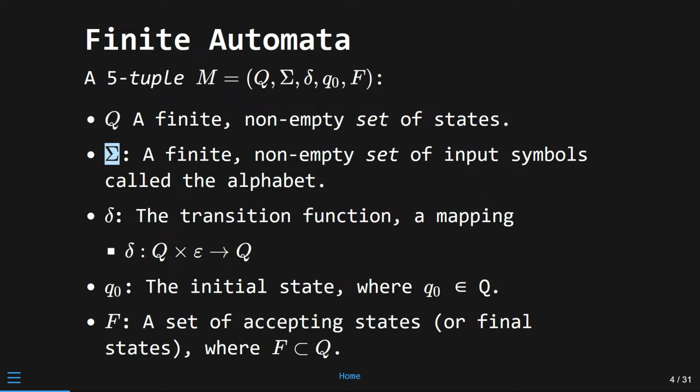True or false? Accept or reject? Accept or reject. Yes. So for all strings, the subset of strings for which the automata says true is the language of the automata. And that's how we create languages from automata. That's the correspondence.